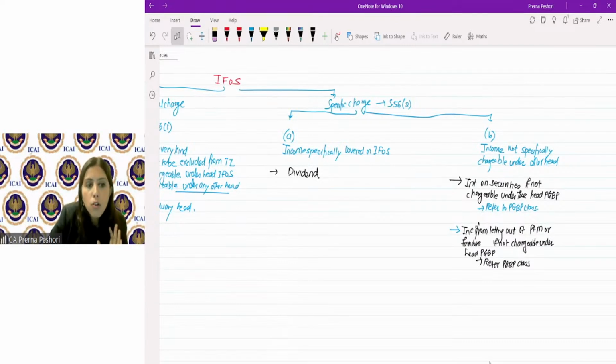So winnings from the lotteries, winnings from the race horses, these are specifically chargeable under the head income from other sources, and this is taxable at a rate of 30%. Okay, so just write down over here.